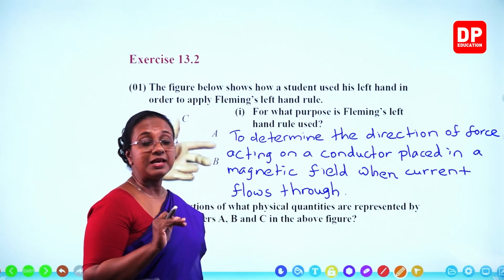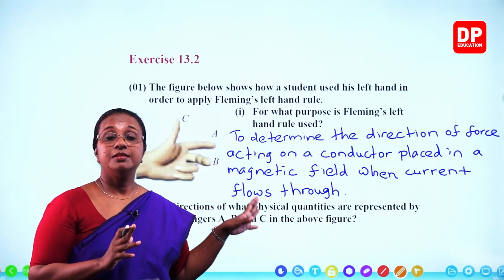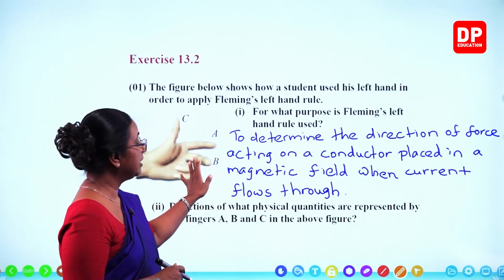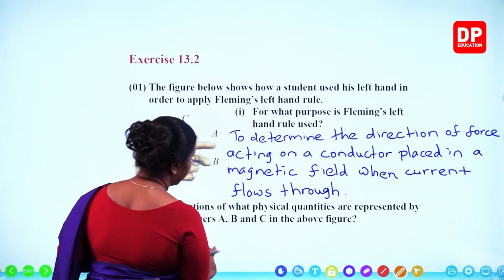So just placing a conductor is not enough, but current has to flow. There should be a magnetic field and then there will be a force, and that will be determined using Fleming's left-hand rule.